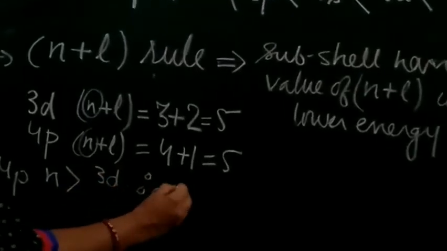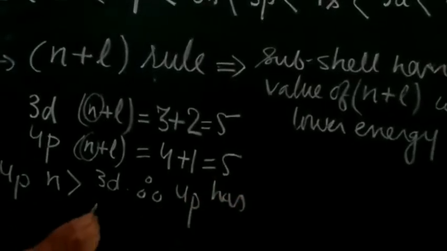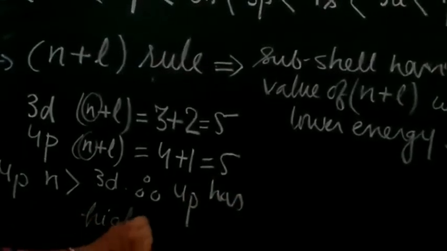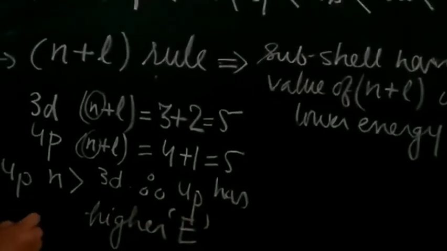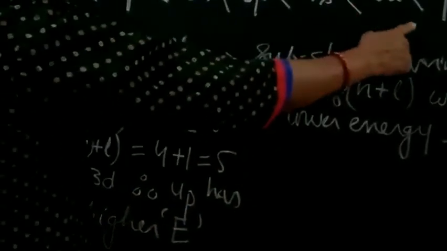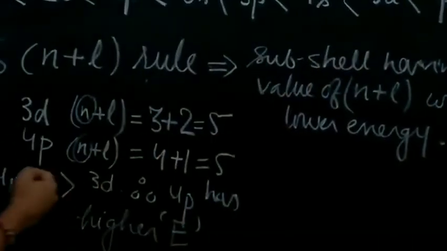Therefore 4p has higher energy, right? And this you can predict from the Aufbau sequence also, that we have got 3D and 4p. The 4p has got higher energy.